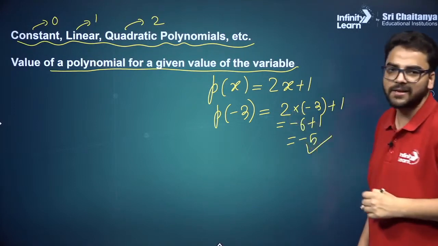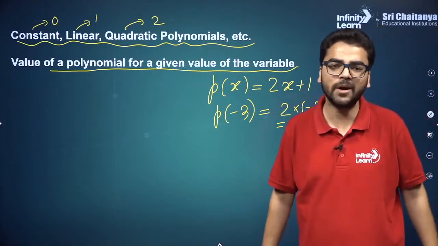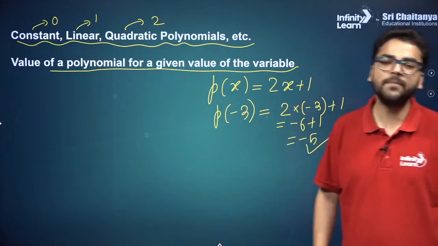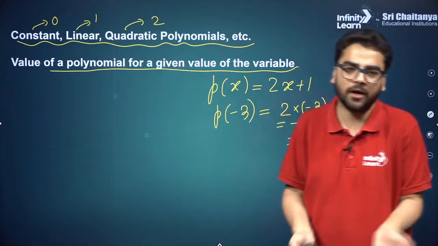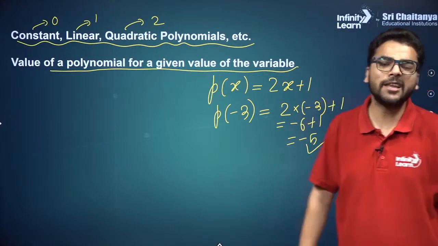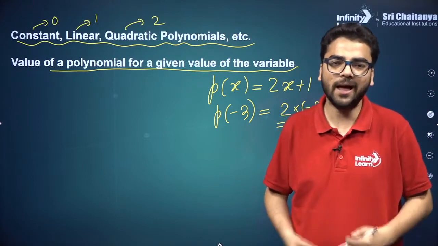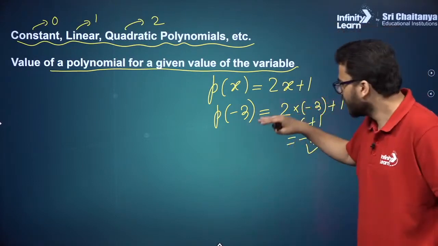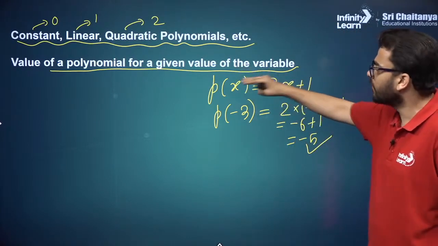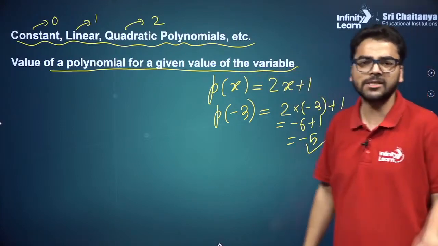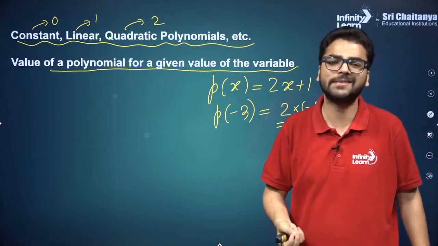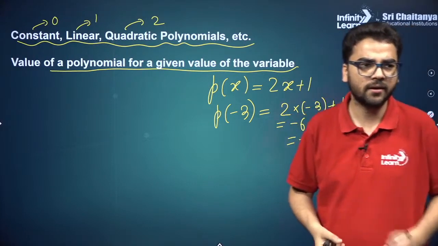So p of minus 3 is equal to minus 5. Is it clear to everybody? That is the meaning of value of the polynomial in place of some variable. It can be asked for any value. You have been doing this since junior grades, right?